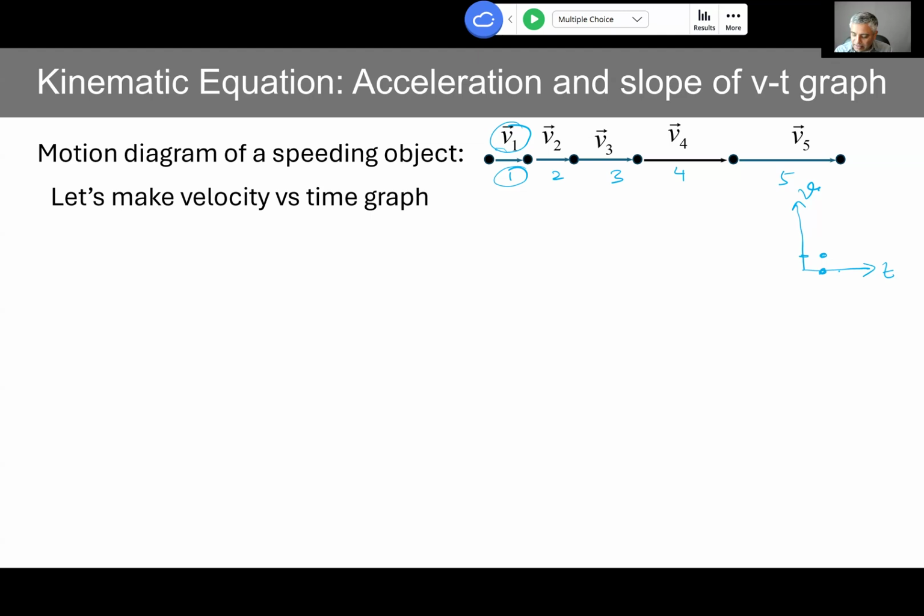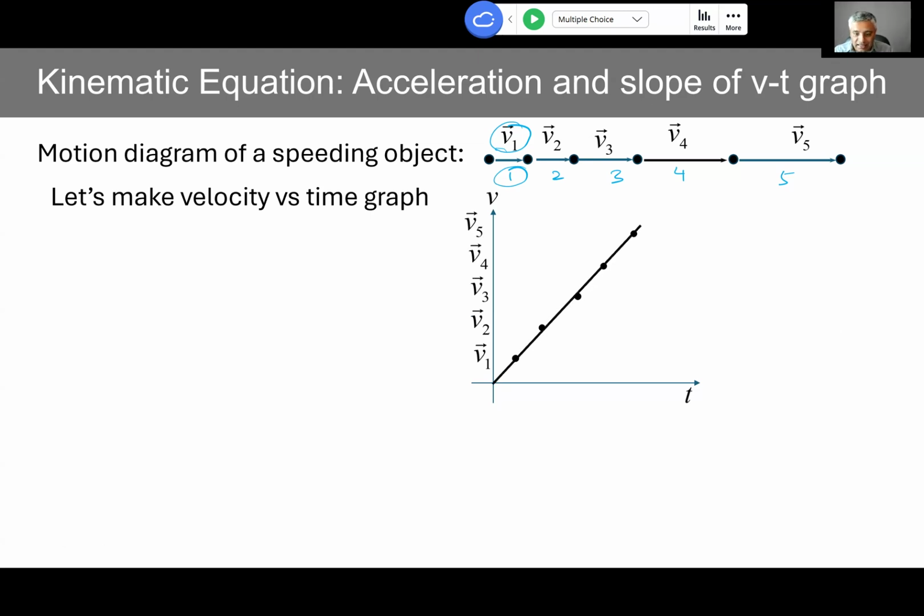And for the second, you have another velocity, 2, 3, 4, something like that, right? And you connect those lines and you have a graph. So that's what I'm doing here in the PowerPoint as well. Rather than writing numbers, I'm just writing B1, B2, and so on. And then we draw a trend line.